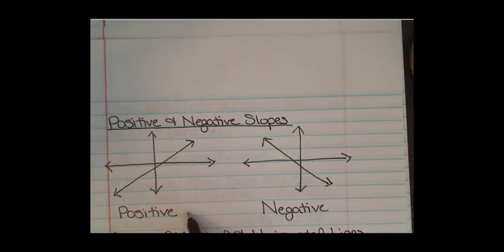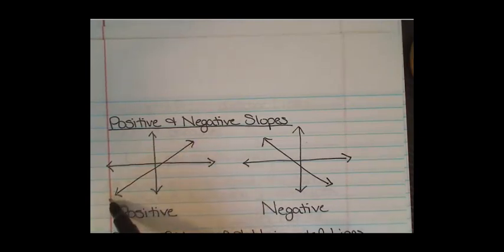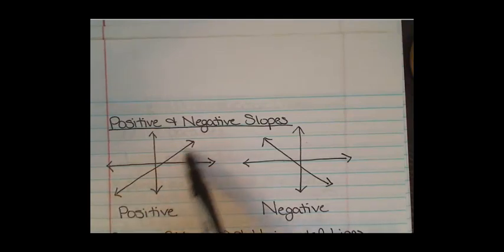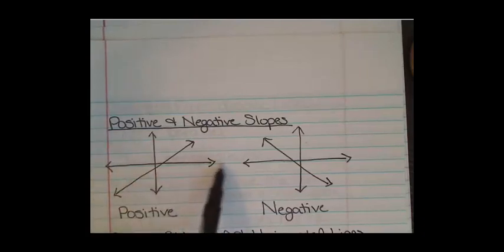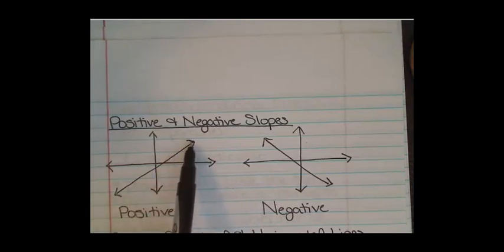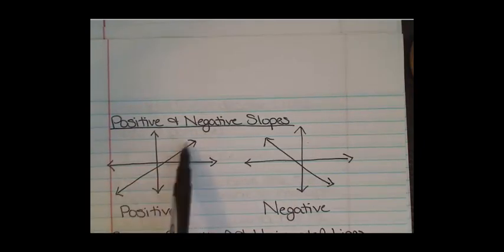If you're looking at this line, you're going from the negative end, like if you start on the left, to the positive end. If you start on the left part of your x values, these are your negative x's, and your positive x's are over here, and your line is going towards the positive x's. So this is a positive slope. If you ever see a line that looks like this, you should instantly know it's a positive slope.